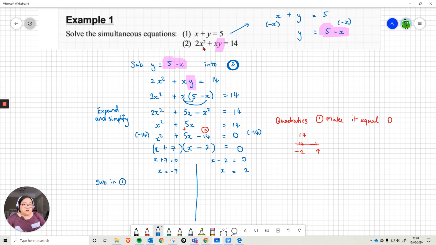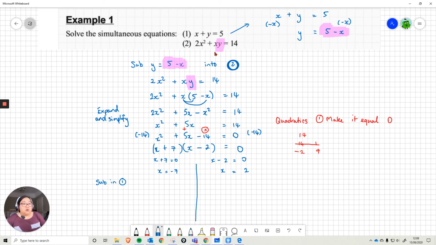This makes it a heck of a lot easier to find y, to substitute into the equation that's linear rather than the x squared. And you can see by the simplicity of the equation that number 1 is going to be a lot easier. Number 2 is a lot more complicated to work out y, and you want to make your life as easy as possible.